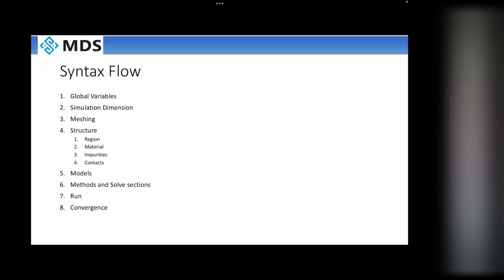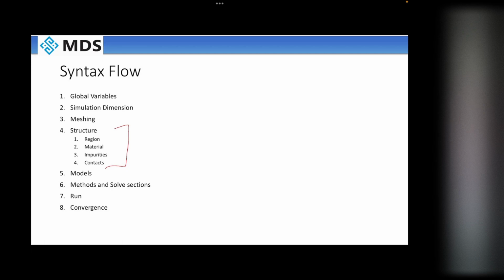Then, once you have specified your meshing, you need to define the structure: at which particular point which material you need to place, what the different regions are, what impurities you want to specify, and where your contact exists.